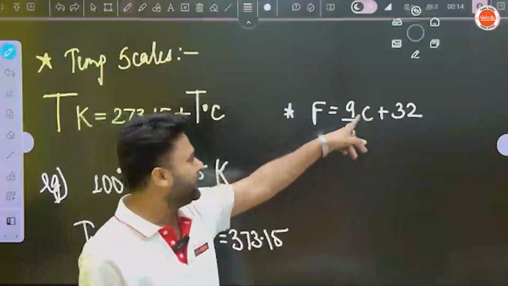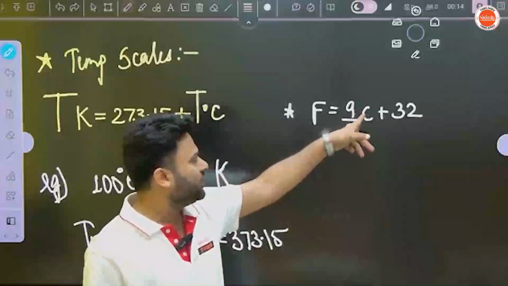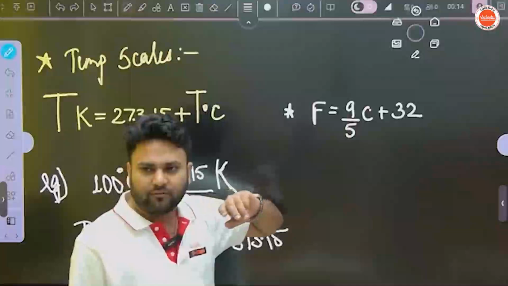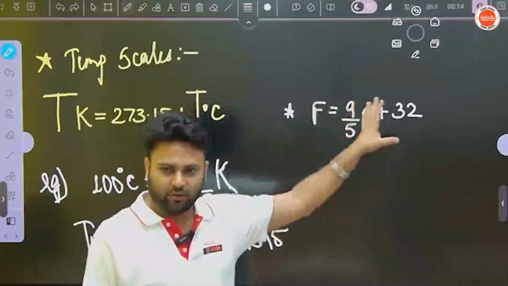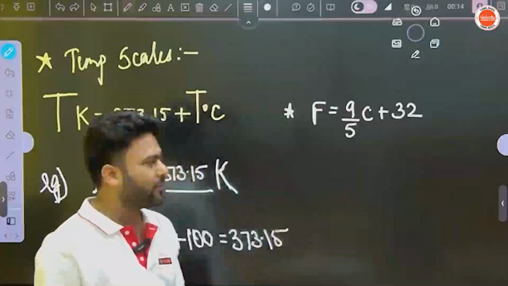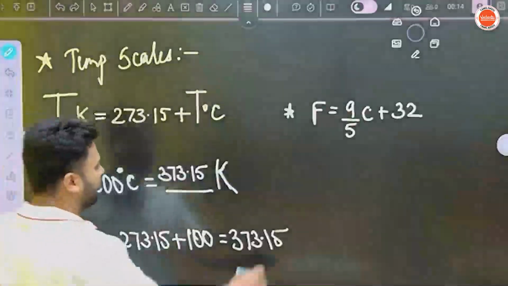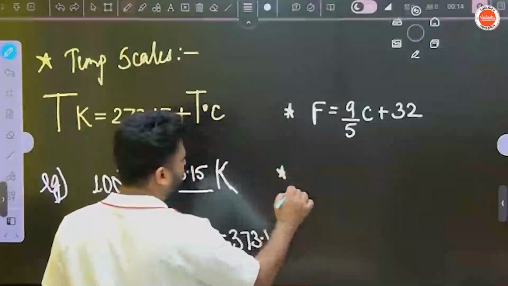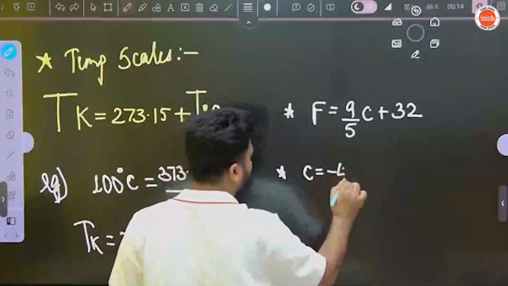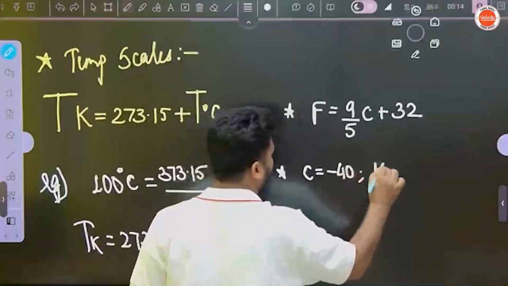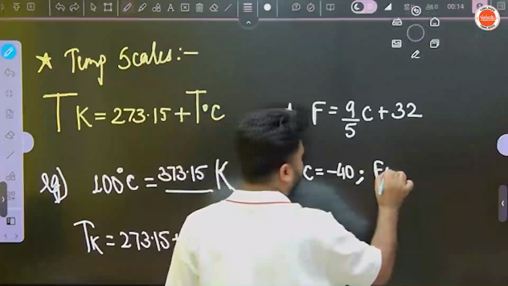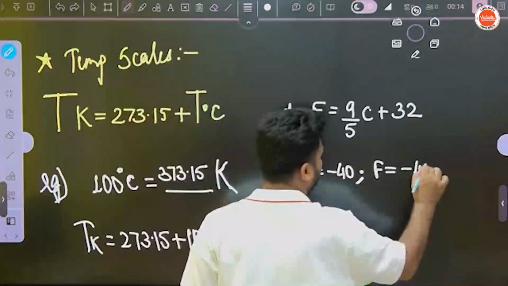They can give, if the temperature in Celsius is 100, what is the temperature in Fahrenheit? Then you can calculate it. Here one important question is that if you put the C value as minus 40, you will get the F value also as minus 40. This is the unique value.